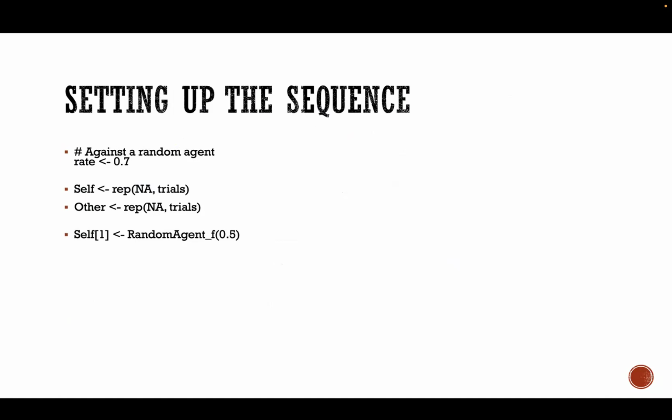The win-stay, lose-shift at the start doesn't have an input to work with, right? So we just assume that they pick at random. And then we go through a sequence of trials where we pick the other choice according to the random agent, or random agent noise I should have put, with a rate of whatever we defined.